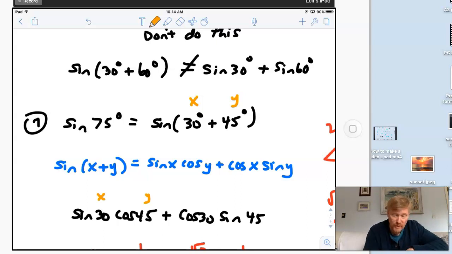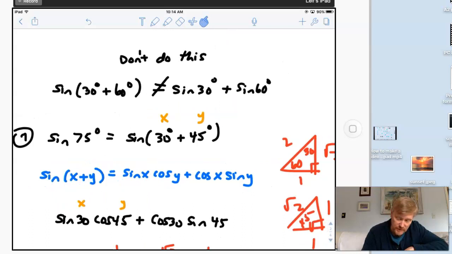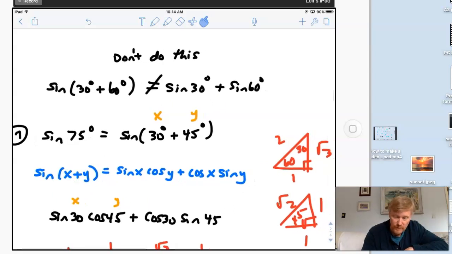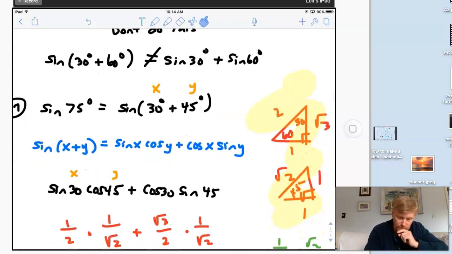And now I'm going to my triangles, the 30, 60, 90 and 45, 45, 90 triangles like I have over here on the right. With those, sine of 30, opposite over hypotenuse, gives me 1/2. Cosine of 45 is 1 over the square root of 2.